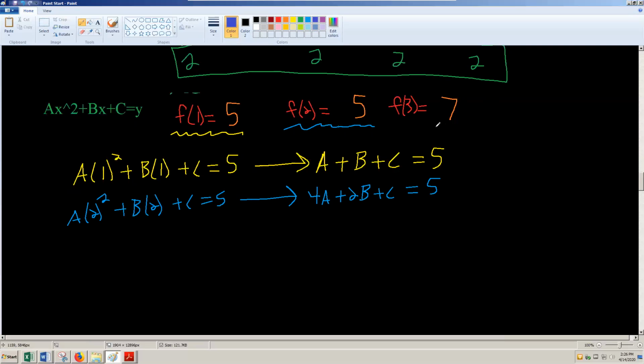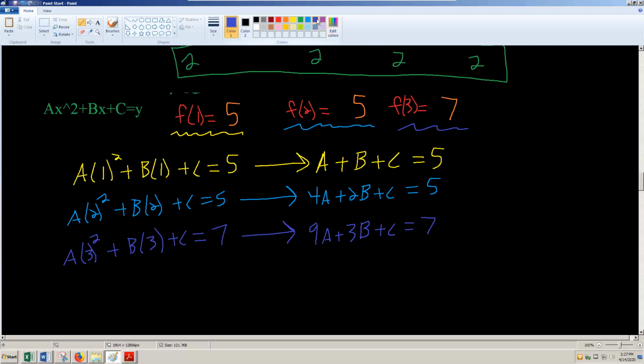Do the next one in purple here. a times 3 squared plus b times 3 plus my c value equals 7. 9a plus 3b plus c equals 7. And now I'm going to take these 3 things and turn it into a matrix.